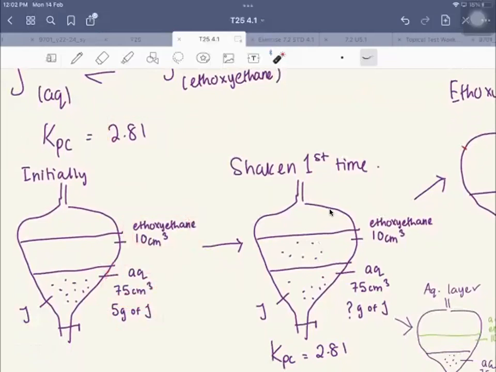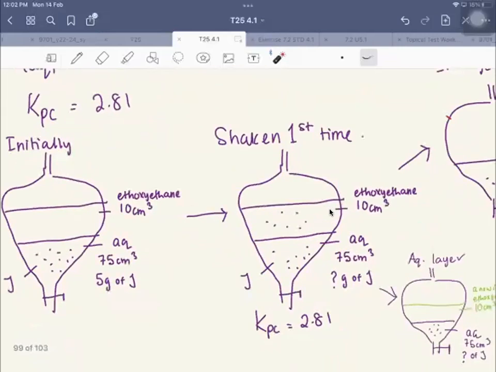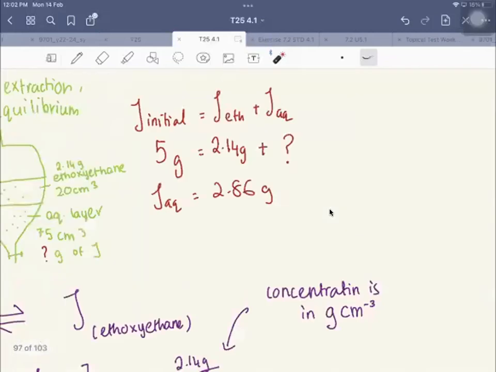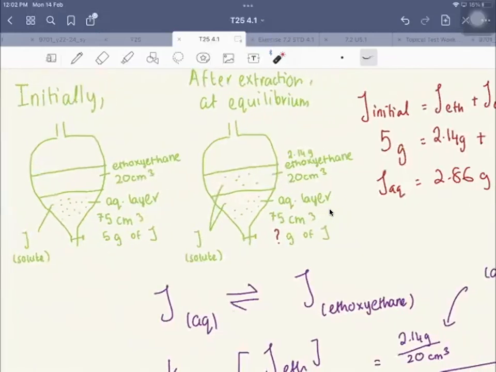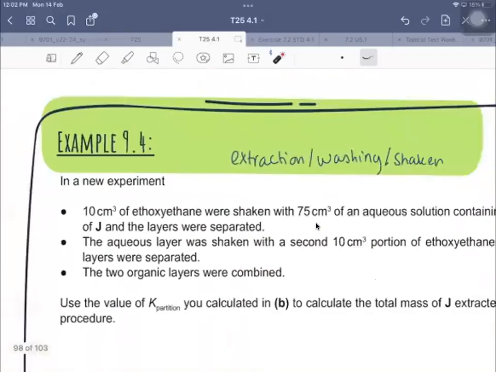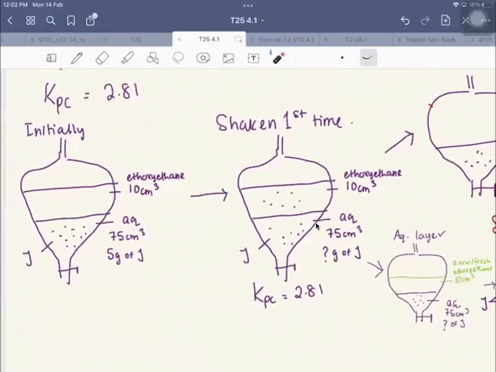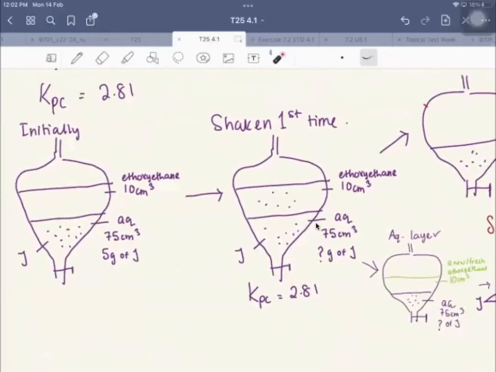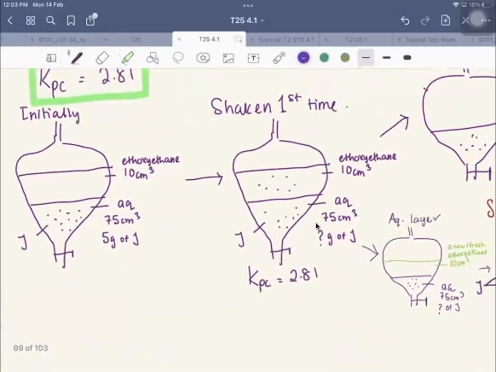From your previous part of the question, it's not the same, is it? 20 centimeter cube and 10 centimeter cube. Oh, it's the same. Okay. So you know that the ratio of KPC is 2.81.